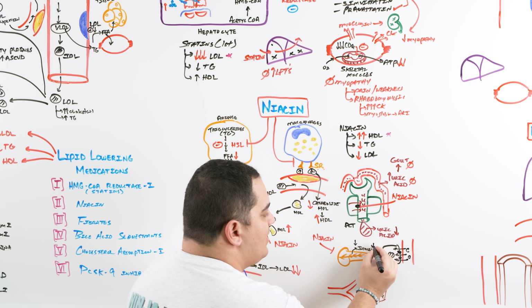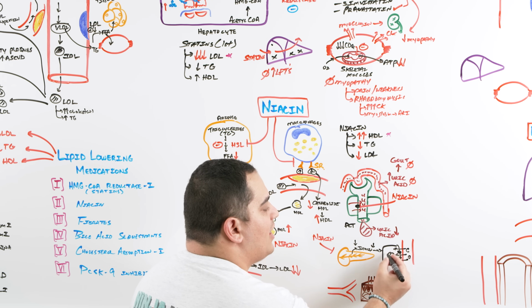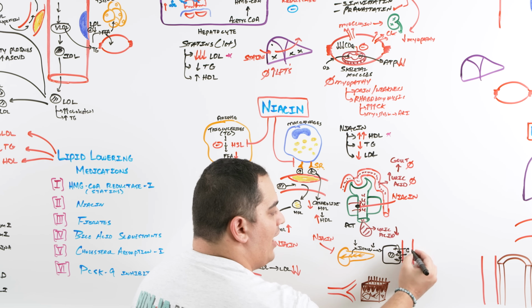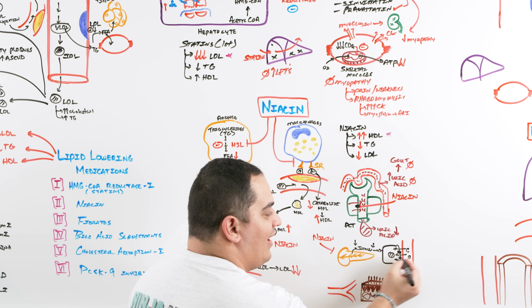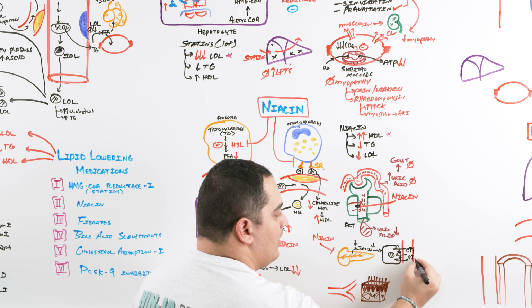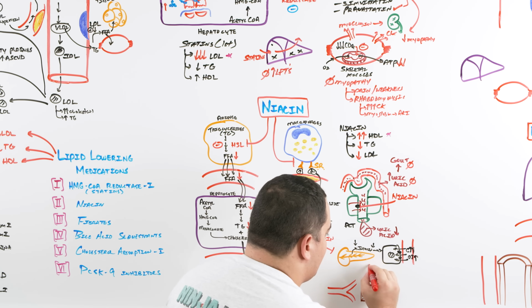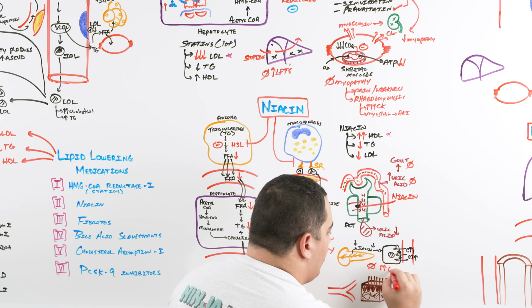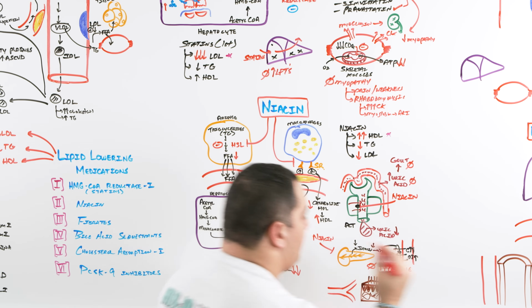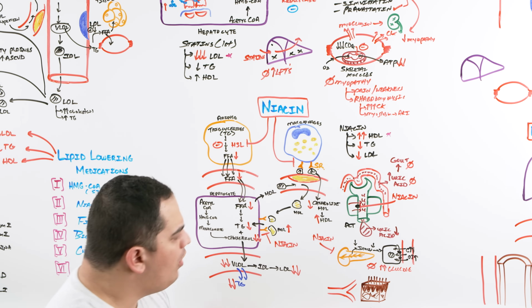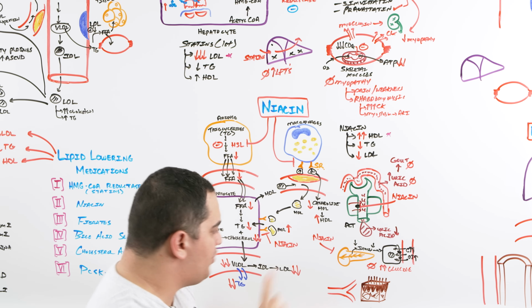But if I have less insulin, or less responsiveness of the insulin on the receptor, I don't bring as much glucose into the cell. And so what happens to the blood glucose levels? They increase. So another adverse effect with niacin is that it can cause hyperglycemia. Okay. One more, and it happens to be the most interesting concept here.